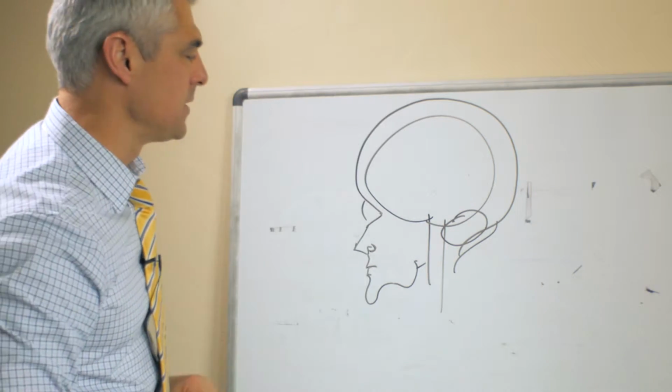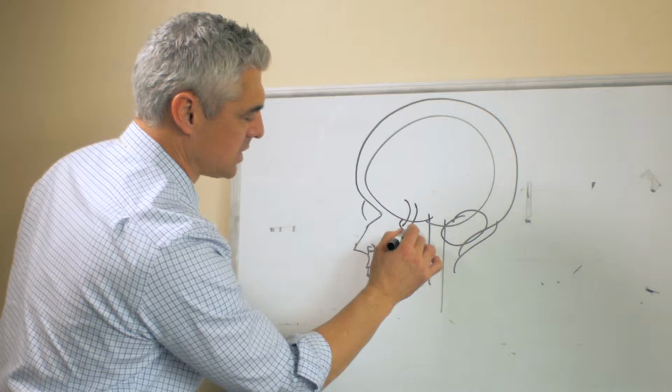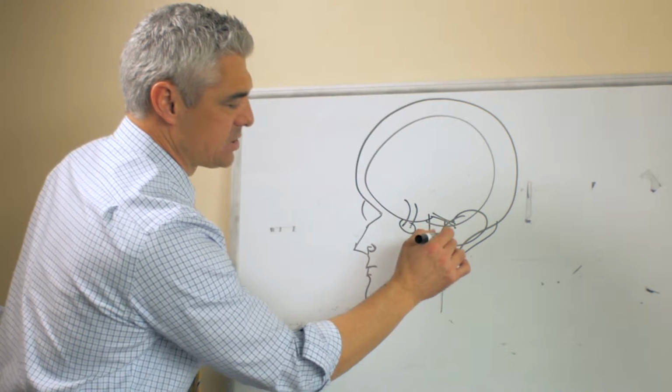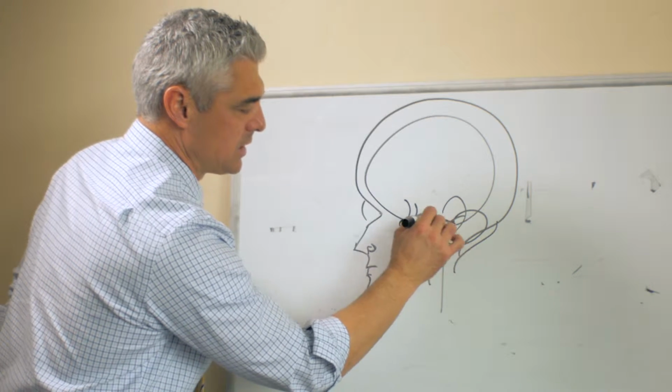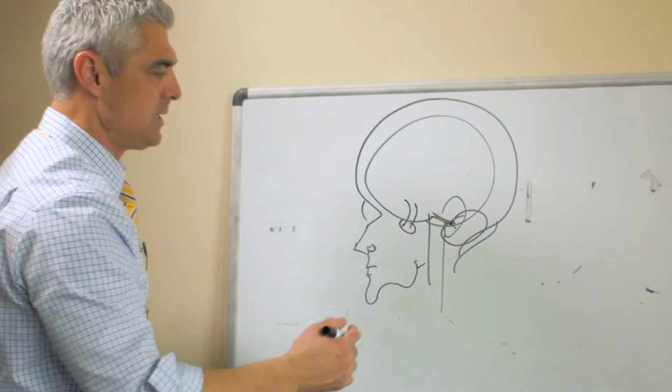Let me describe it this way. The brain has a master gland behind the eyes called the pituitary gland. The brain also has connections that come out to the ears, and this is the cranial nerve 8 or the vestibular cochlear nerve.